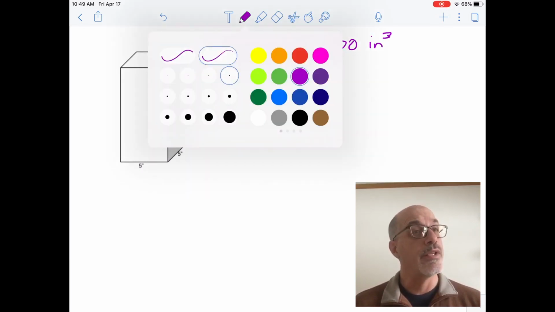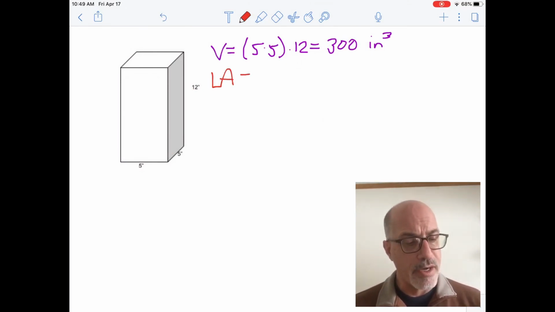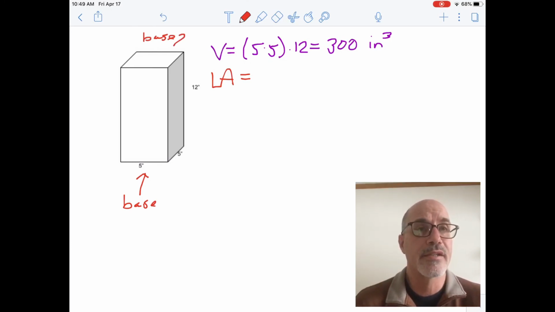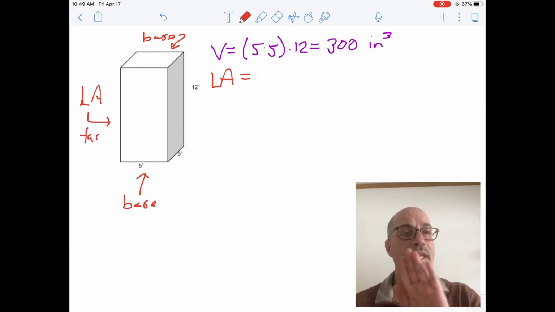Now, when we do our lateral area for this one, we've got to decide what our bases are and what our lateral faces are. So I'm going to pick the bottom as a base and the top as a base. They're parallel sides. I could have picked either of the lateral sides because they're parallel also, but we'll just keep it simple. Keep it top and bottom as the bases. And then the lateral faces, to figure out the lateral area, those faces are around the outside of it.